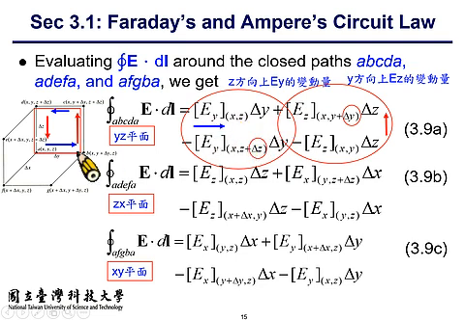This performs the line integral from point A to point B, and because the line is pointing in the y direction, only the Ey component counts in this differential length. So the line integral of this path becomes Ey times delta y, and we use the Ey value at the beginning point.